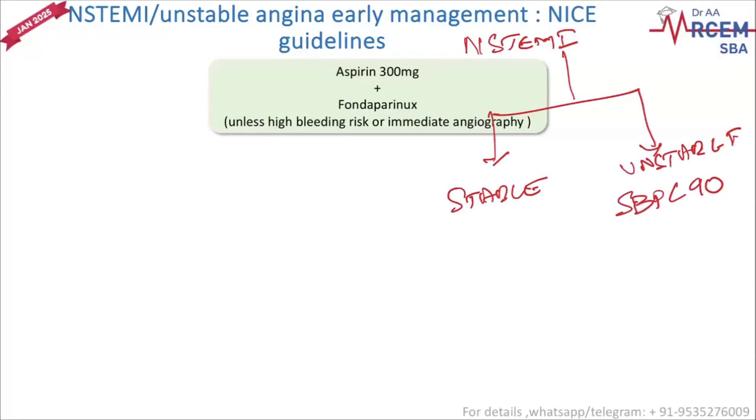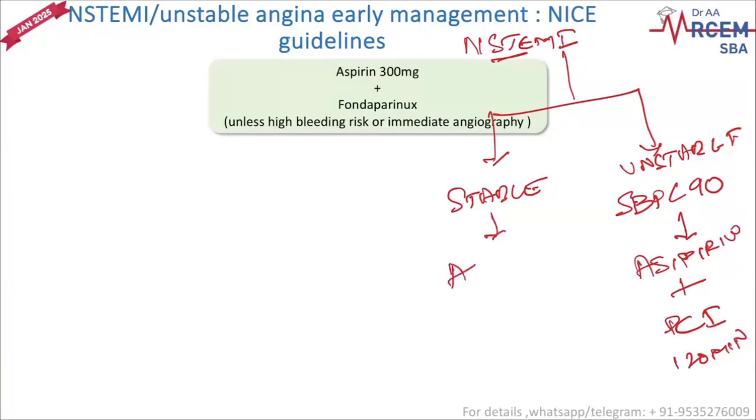This patient, having a systolic blood pressure less than 90 and a non-ST segment elevation MI, I will give aspirin, activate the cath lab and shift to the cath lab within 120 minutes to get a PCI done. If the patient is stable, then I'll give aspirin, along with it fondaparinux. That's all you need to remember from this slide.